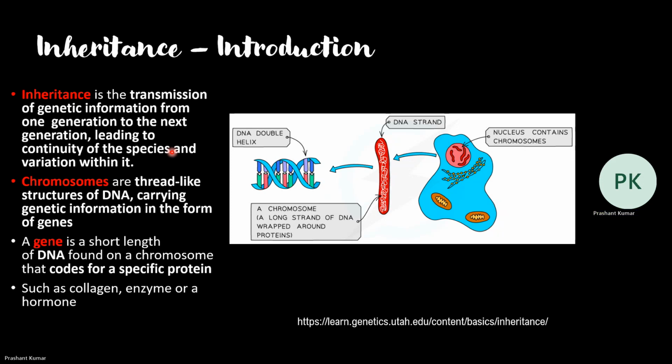Because whatever we do, wherever we go, whatever we eat, it's not going to disturb your genetic material. So genetic material is a type of memory, you can say. They have a deep-rooted memory, right? They do only what they are made for.